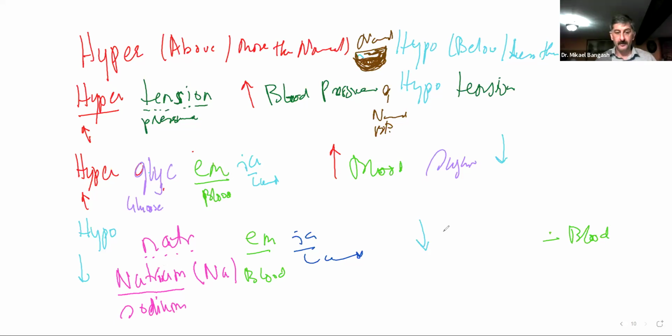So low levels of sodium, or chemistry-wise, natrium in the blood is going to be called hyponatremia. High levels of sodium in blood, hypernatremia.